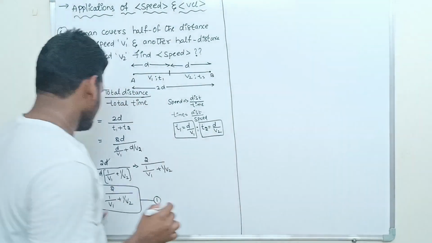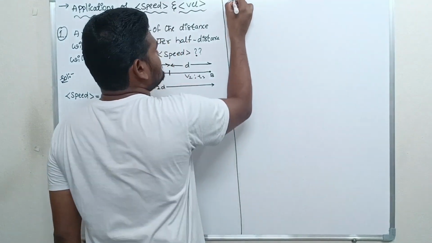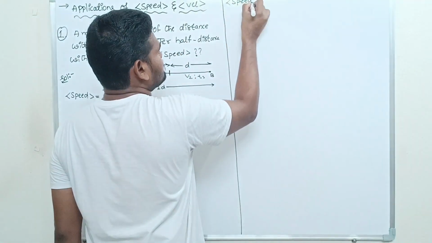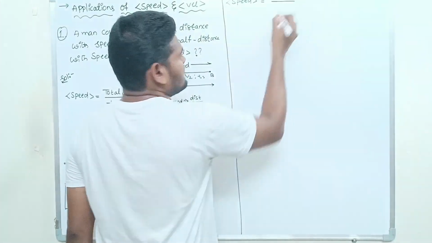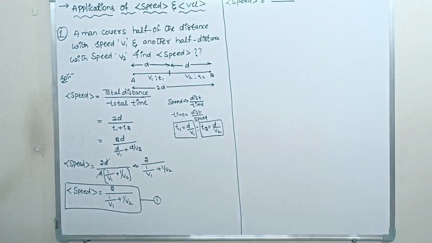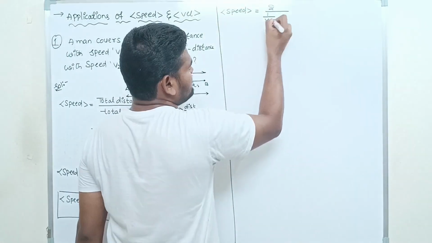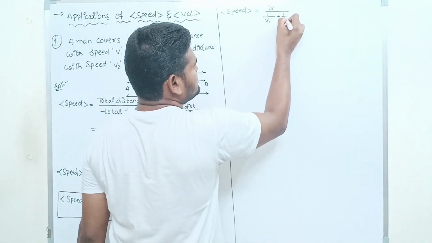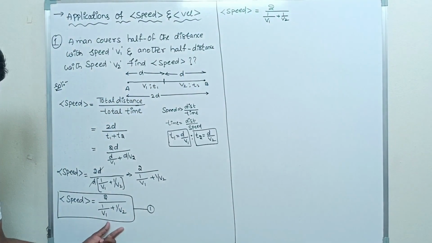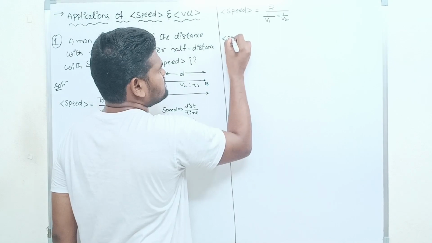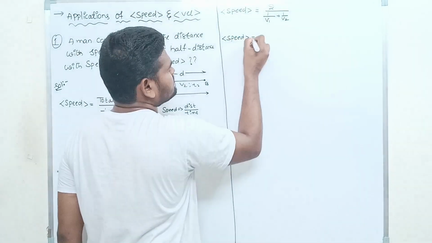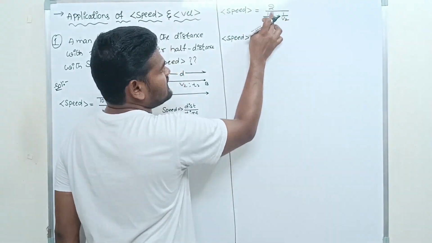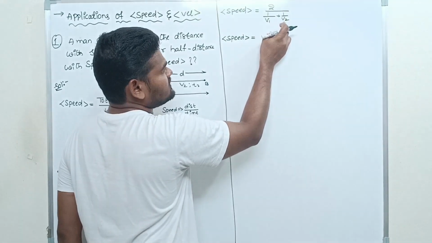Okay. So equation 1, we got average speed is equal to 2 by, are you able to see the board? Average speed is equal to 2 by 1 by V1 plus 1 by V2. This is what we got in equation number 1. So see here 1 by V1 plus 1 by V2 is there.